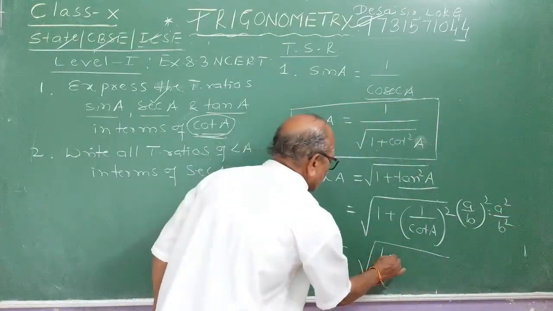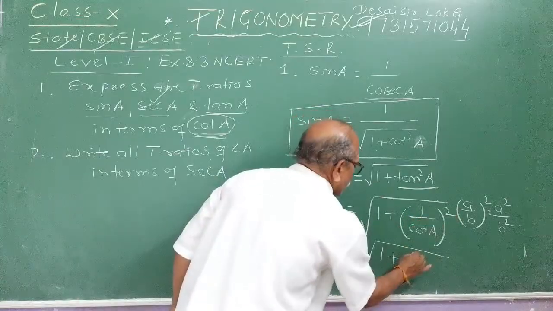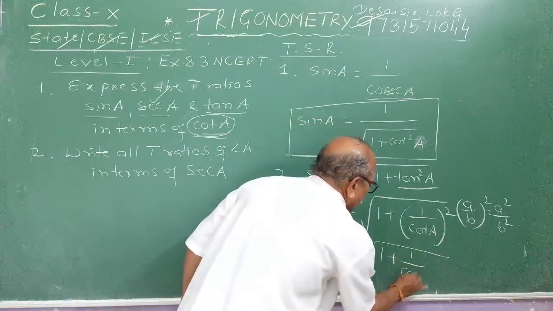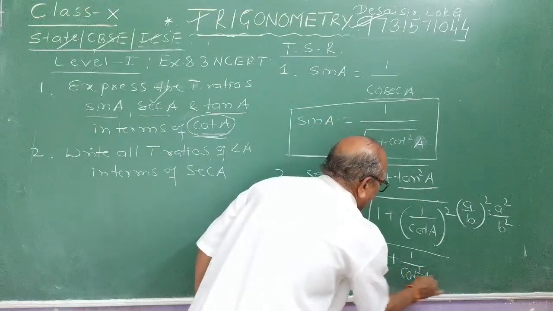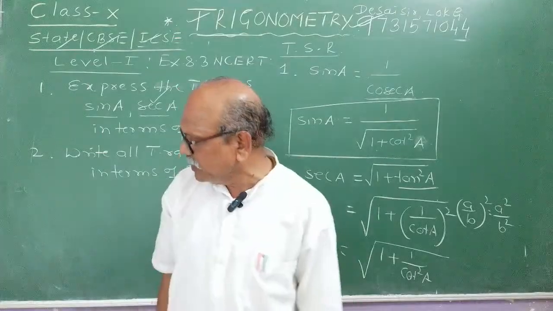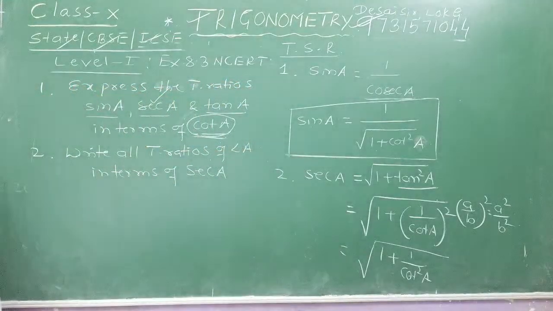Now can I write it as 1 plus 1 square, which is 1 only, upon cot square A. This is one of the interesting problems.